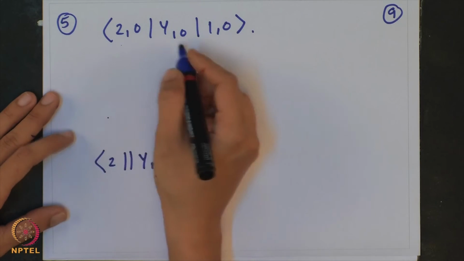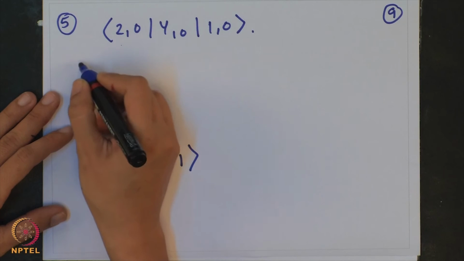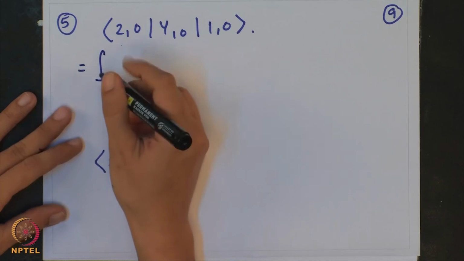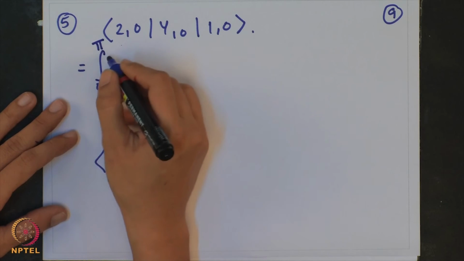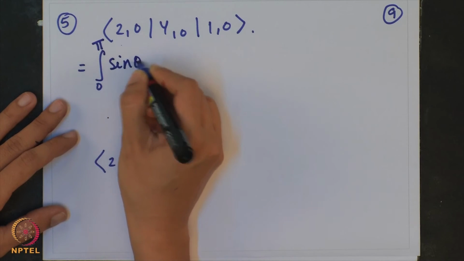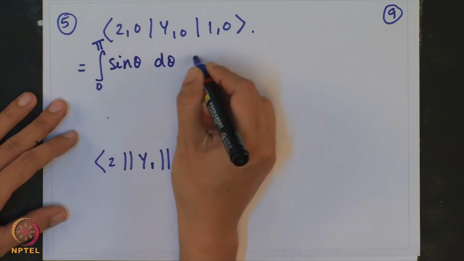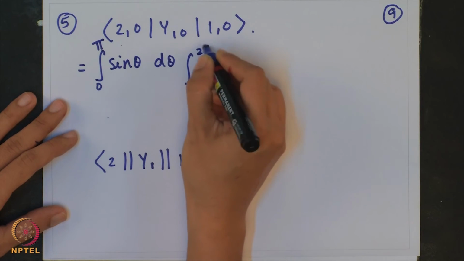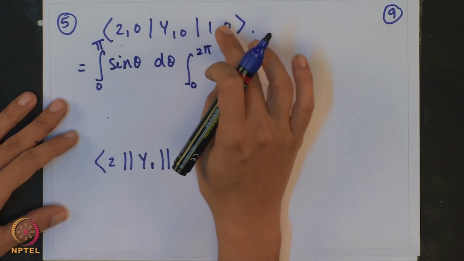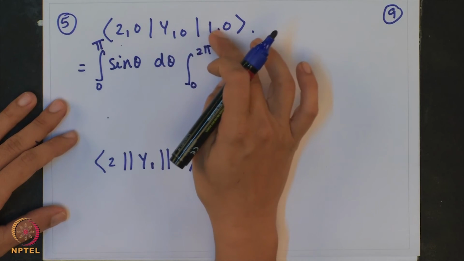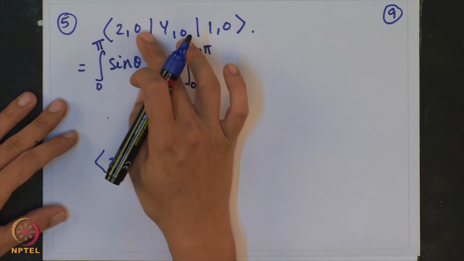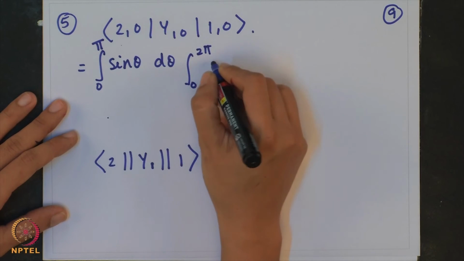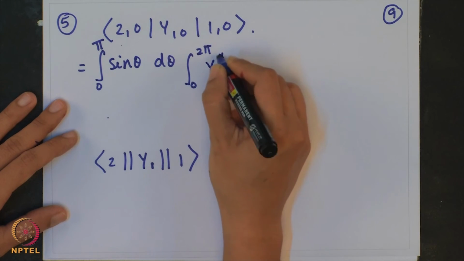If I want to write this in terms of an integral, this will be the integral 0 to pi sin theta d theta, integral 0 to 2 pi, you have y 1 0, here you have y 1 0 and y 2 0 star.